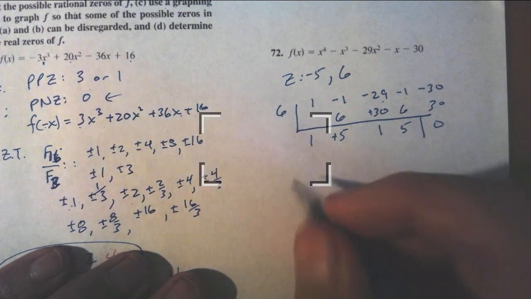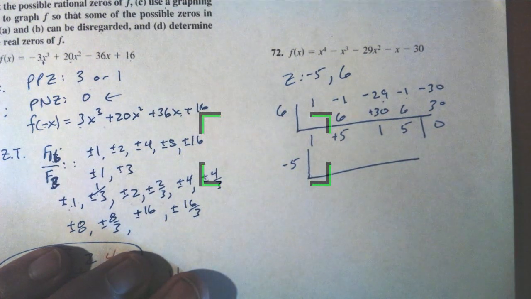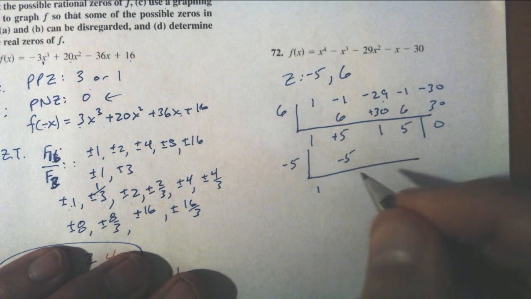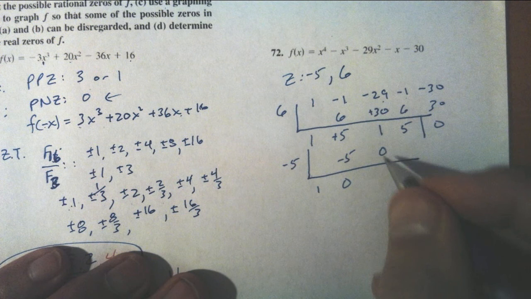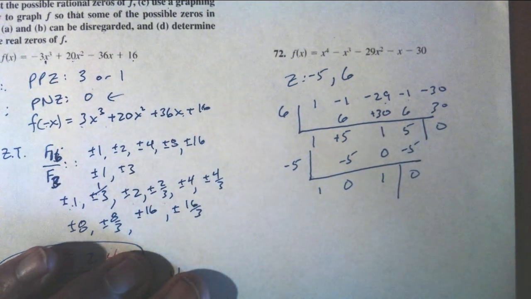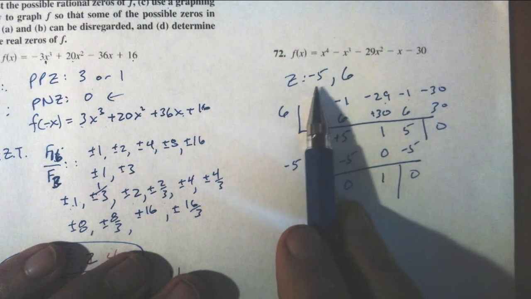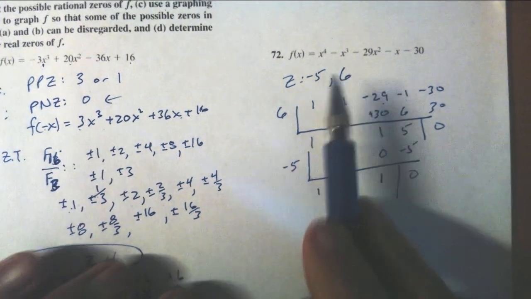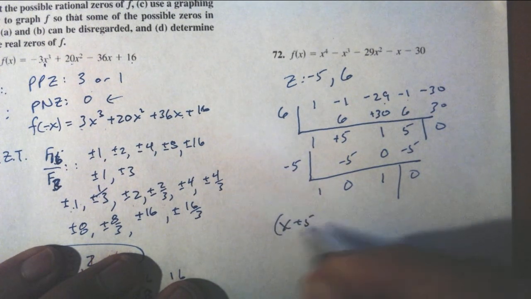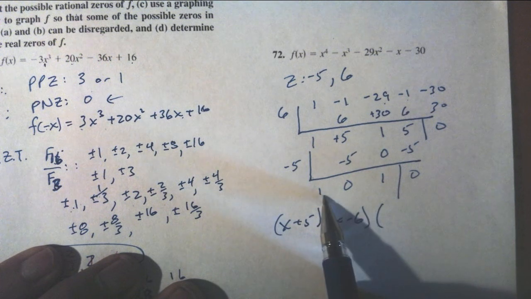And now I'm going to run negative 5 through that result. And I get 1 and negative 5 and 0 and 0 and 1 and negative 5 and 0, which means after I divide out this x plus 5 and x minus 6, I'm left with, this would be x squared, x and a constant.